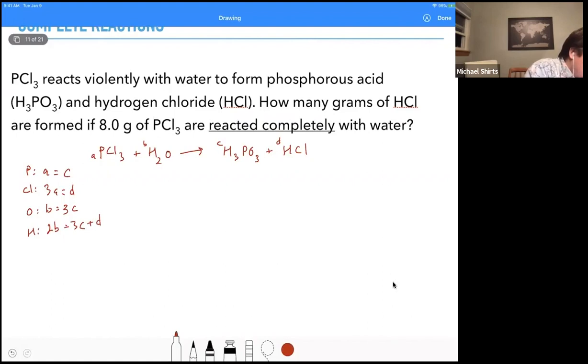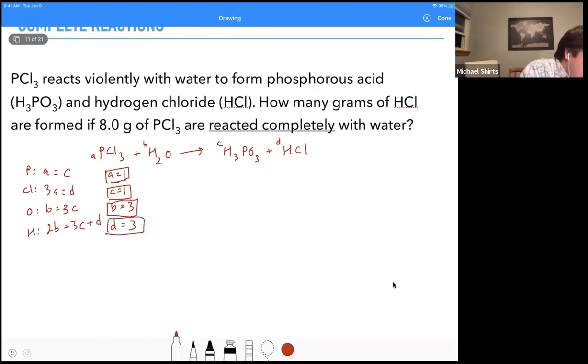Ooh, halfway done already. Isn't that great? And even easier, for O, B is equal to 3C, so B is equal to 3. And guess what? We don't even need to use the last equation, because D equals 3 times A, and A is 1, so D equals 3.